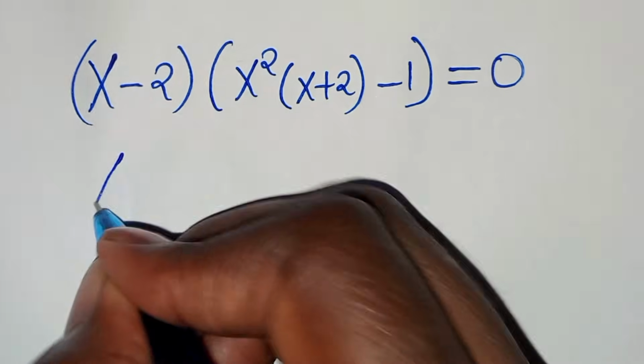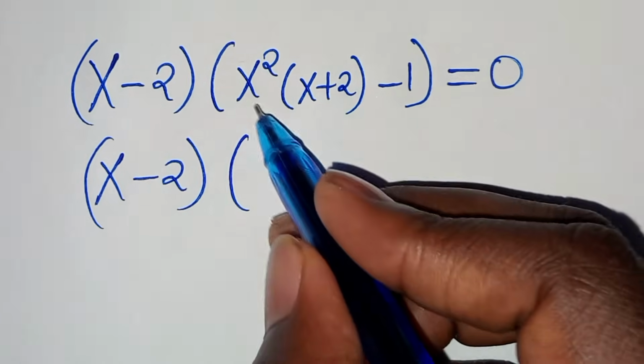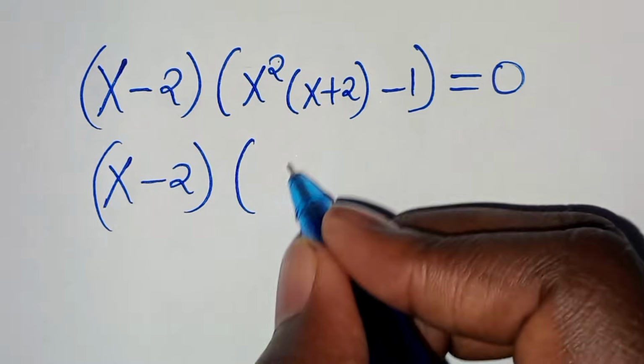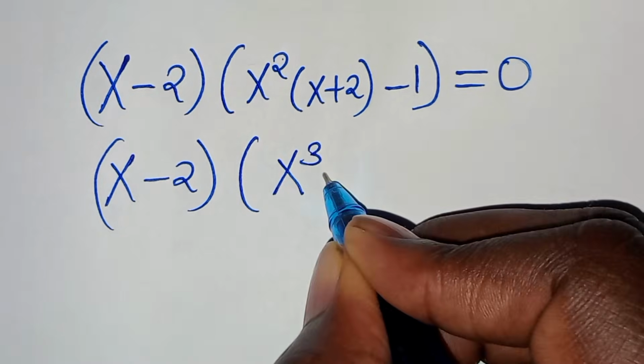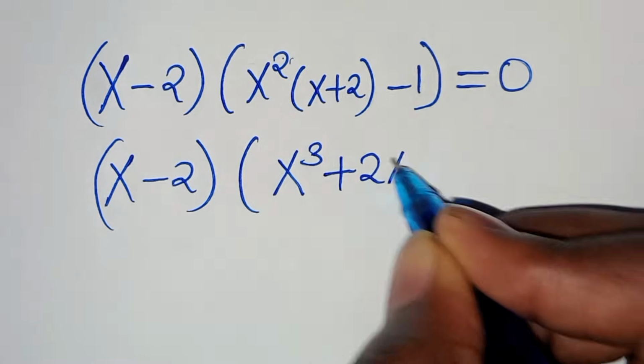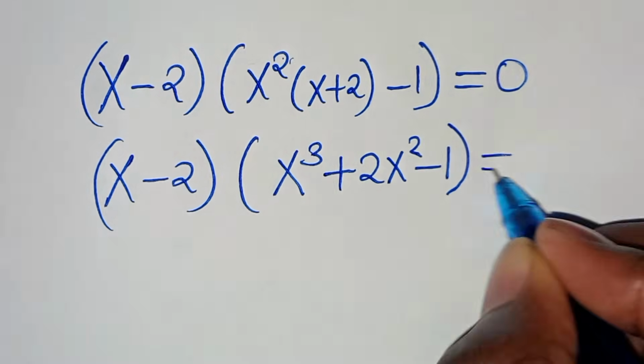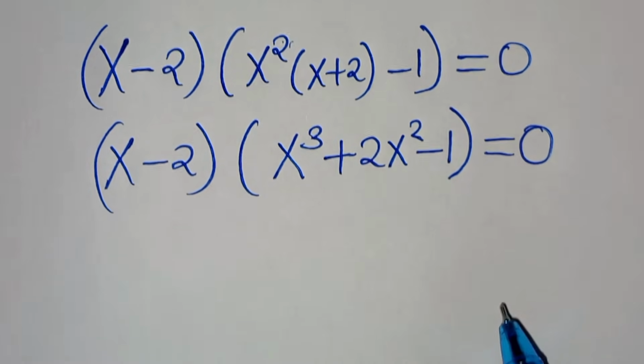Now this is (x − 2) times (x² times x, which is x³, plus x² times 2, which is 2x², subtract 1), equal to 0.